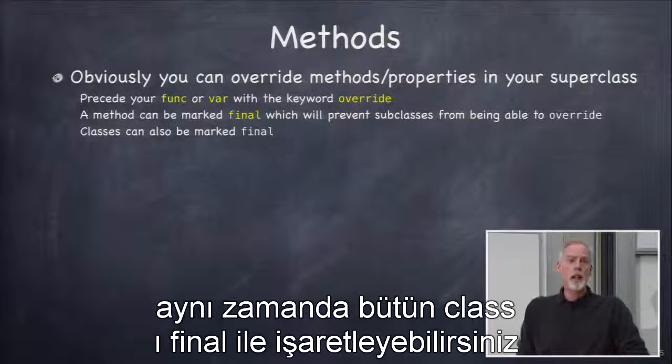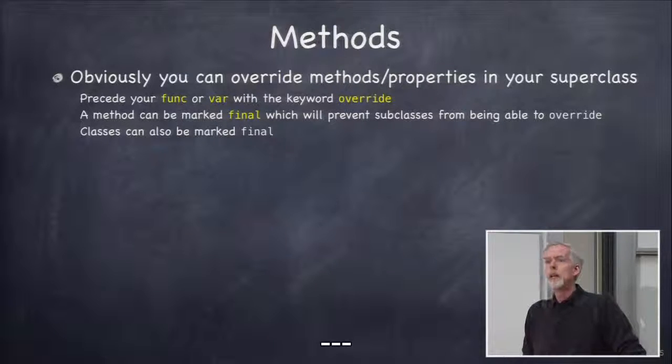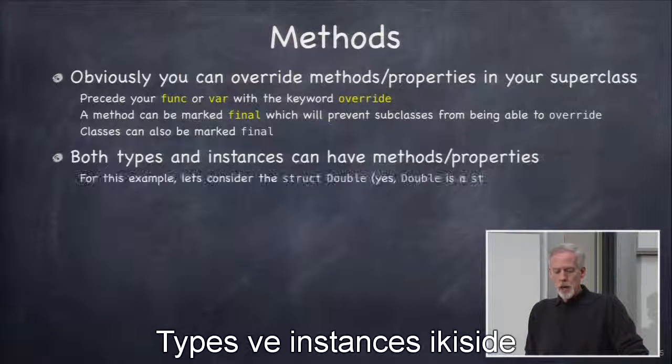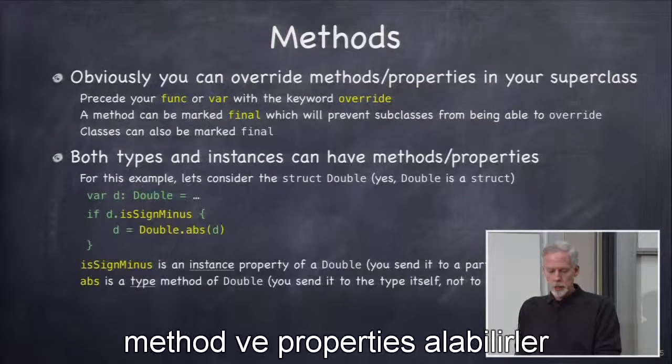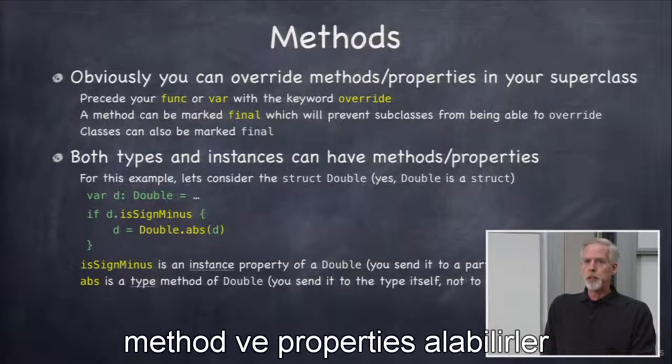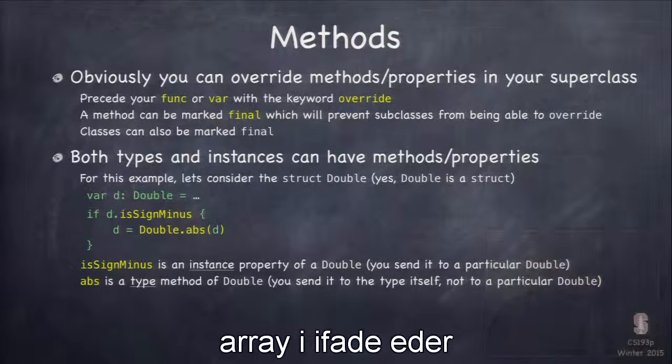You can also mark an entire class final, which means this is the end of the line. You can't do any subclasses of it, basically. Both types and instances have methods and properties. A type is like array, that's the type. An instance of an array is an actual array with things in it, okay?